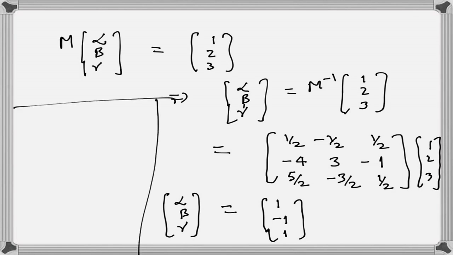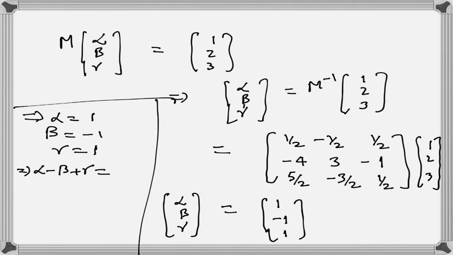So this implies alpha is 1, beta is minus 1, gamma is 1, and this implies alpha minus beta plus gamma is equal to 1 plus 1 plus 1, which is 3. So this is what we wanted to prove. Okay, so hence the third part is also done.